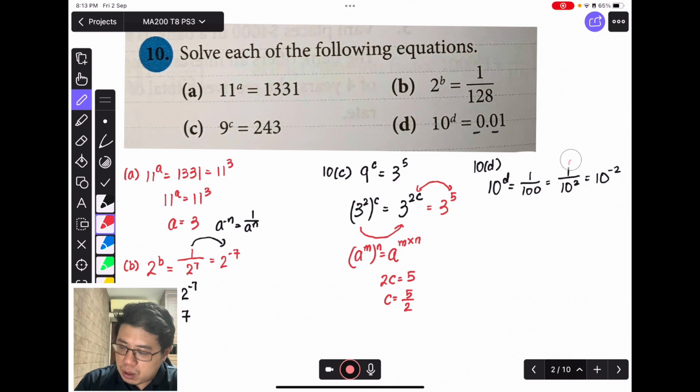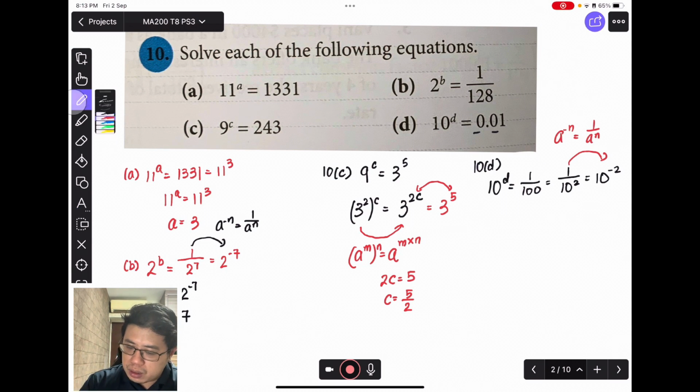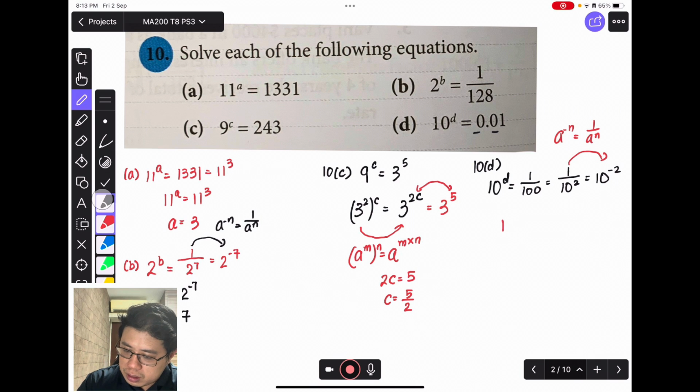Similarly, using the same law, that a to the power of negative n is the same as 1 over a power n. Since 10 power d is equals to 10 power negative 2, it follows that d will be equals to negative 2.